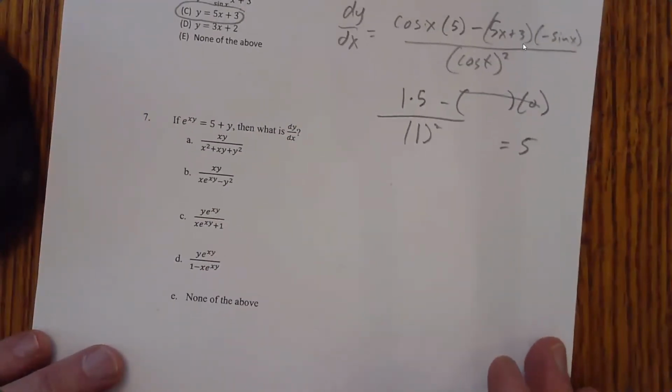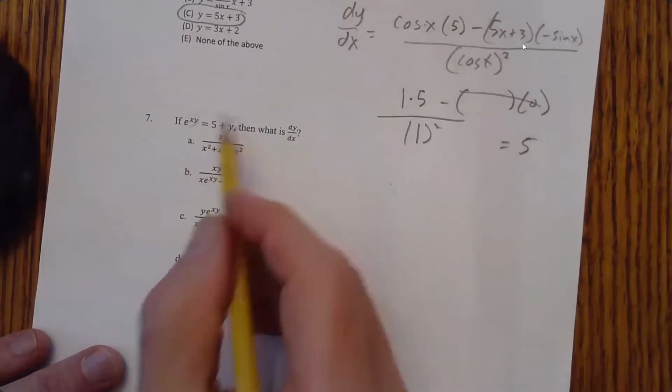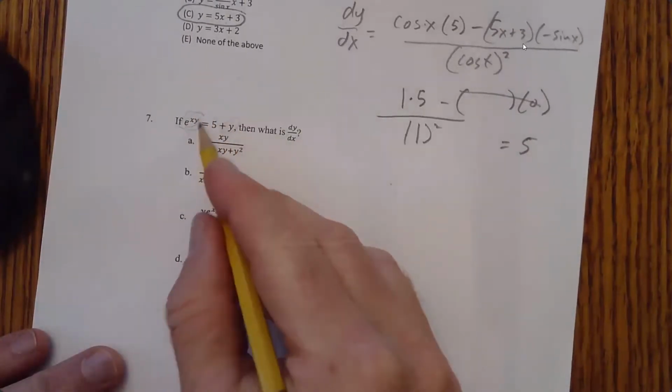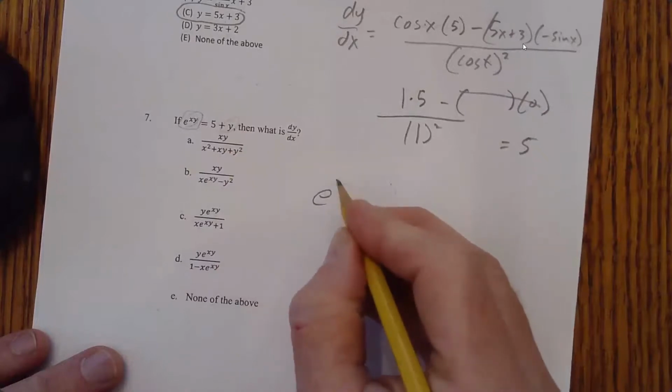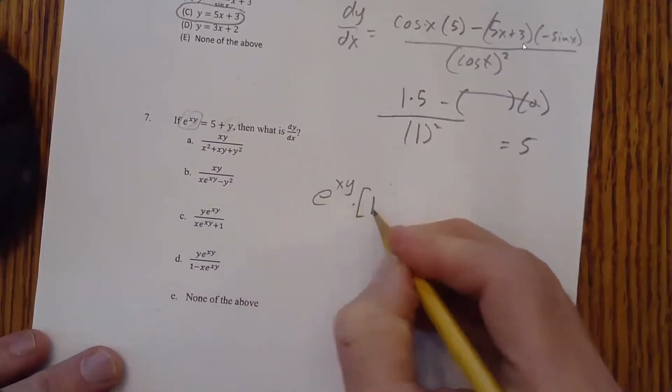Okay, here's an implicit function again. y is mixed up there. So when I take the derivative of this, this is going to be a chain rule. But when I take the derivative of xy, remember that's a product rule.